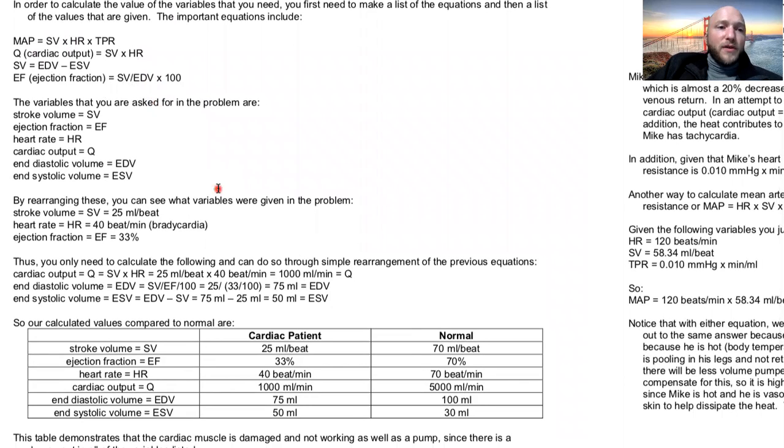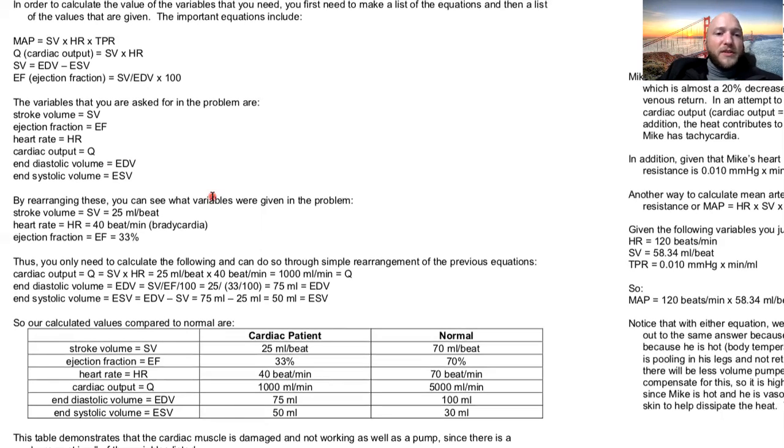So stroke volume is SV, ejection fraction EF, heart rate HR, cardiac output is Q, and diastolic volume is EDV, and systolic volume is ESV. What's larger, EDV or ESV? End diastolic volume. Diastole is where it fills up, where everything's relaxed. And systole is after, at the end of contraction, where you push everything out.